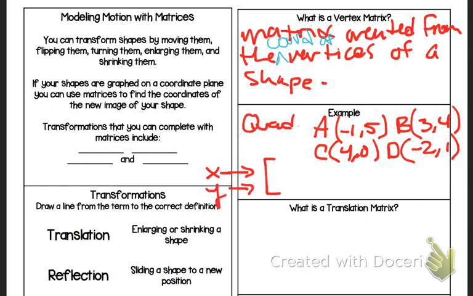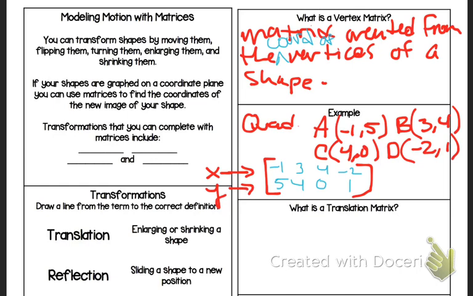So the x's on top are -1, 3, 4, -2, and the corresponding y values go on the bottom: -1 goes with 5, 3 goes with 4, 4 goes with 0, -2 goes with 1. We have a 2 by 4 matrix here because there are two coordinates, x's and y's, and 4 different vertices. This is what a vertex matrix should look like.